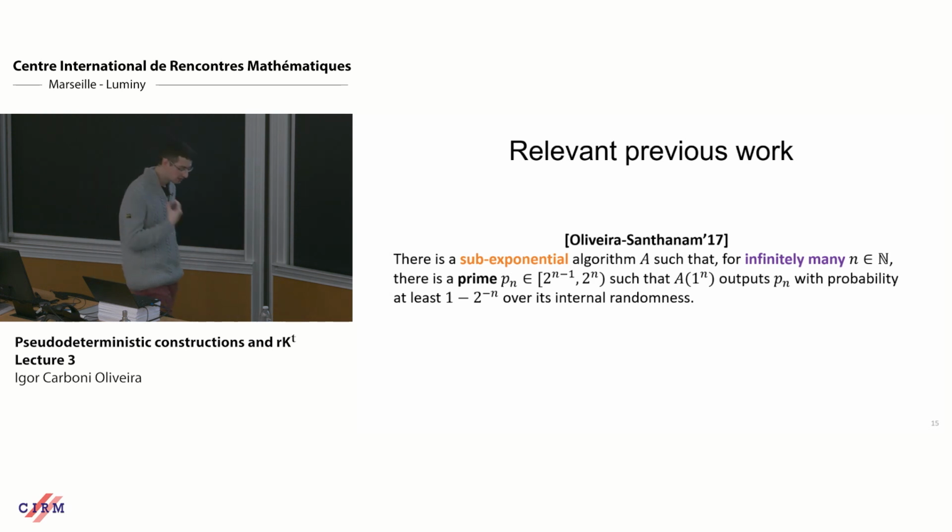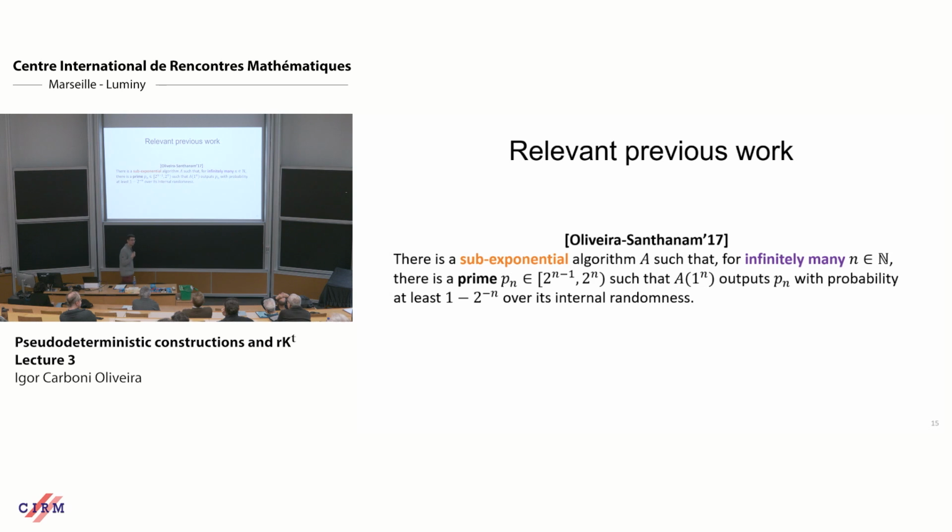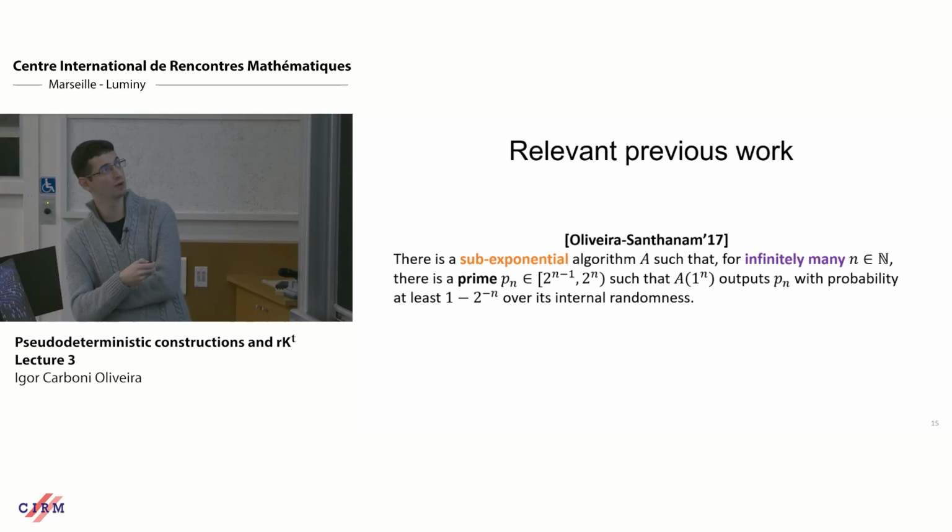So it's a subexponential time algorithm. It generates a canonical prime with the caveat that it won't succeed on all input lengths, but only on infinitely many of them. Is it deterministic or pseudodeterministic? This is pseudodeterministic, yes. It generates this fixed prime with exponentially close to 1 probability.